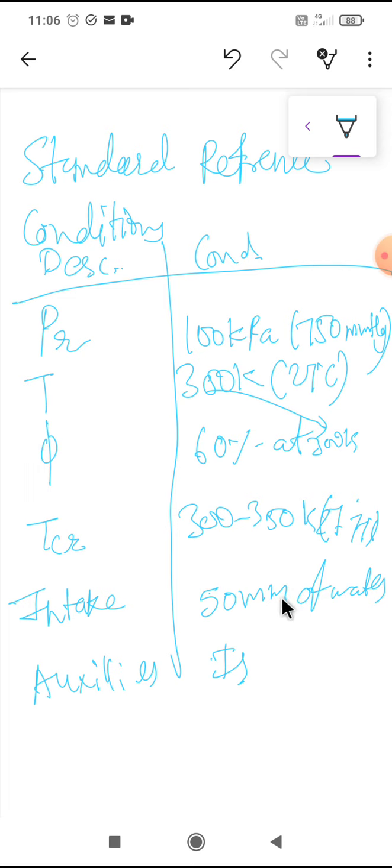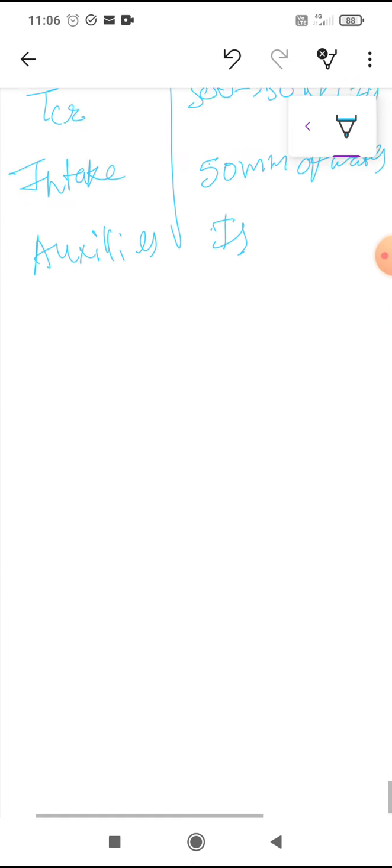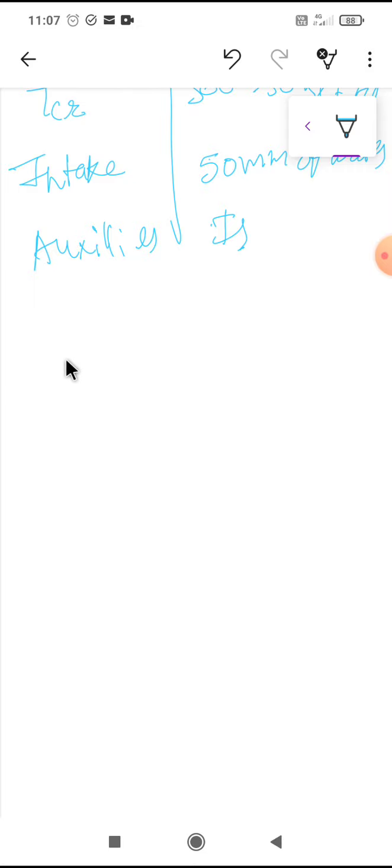Now the standard reference condition for variable speed. So this was for constant speed engines, and now we will see variable speed engines. The pressure is also the same, 100 kilopascal. Air inlet temperature is also the same, 300 Kelvin. Then various other parameters are mentioned for variable speed, so I will list them here.